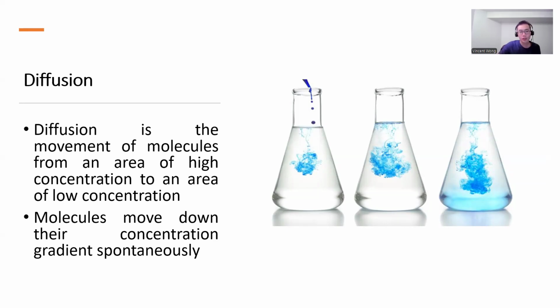The first kind of transport is diffusion. You might have learned about diffusion in other classes before. It's basically the movement of molecules from an area of high concentration to an area of low concentration.